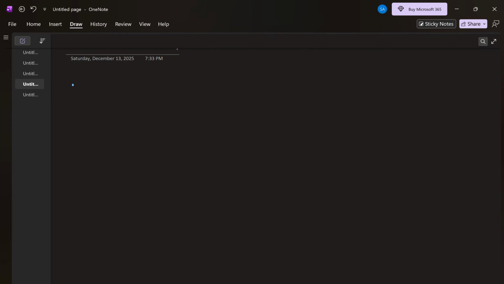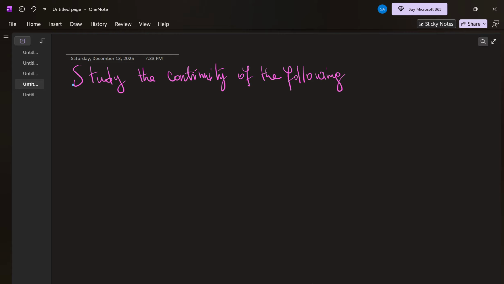Study the continuity of the following functions.